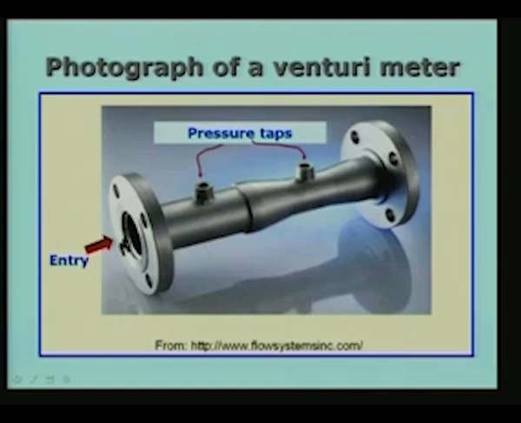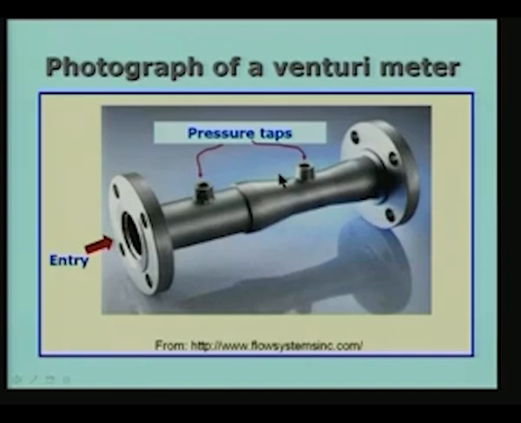You have the entry on the left side, the pressure tap is shown here, this is pressure tap number 1, this is pressure tap number 2, and there is a portion which is straight, without change in area, and the tap is in the middle of that. There are two flanges, one at the beginning, one at the other end, and this entire thing is placed in a small gap you make in the pipeline for the flow measurement.